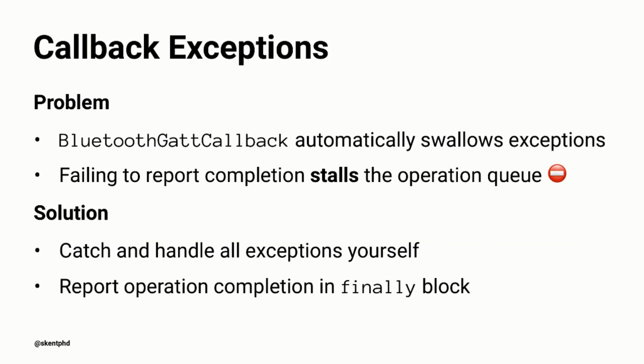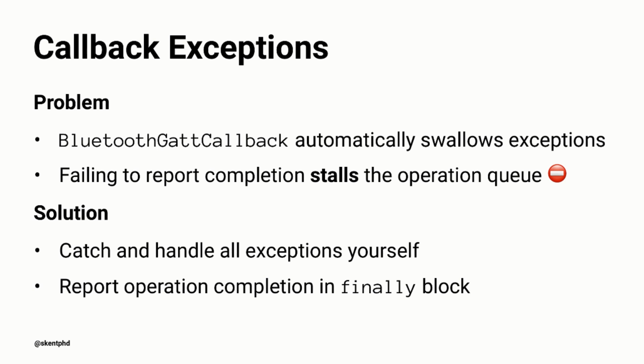This is another subtle one that took me probably three-quarters of the project to discover. The Bluetooth GATT callback, the callback that receives all that information when stuff changes, automatically swallows exceptions. Inside the code that calls that from the Android framework, it catches every exception that can possibly happen. It does print it out as a warning on the log, but nothing actually bad happens in your application. It doesn't crash.